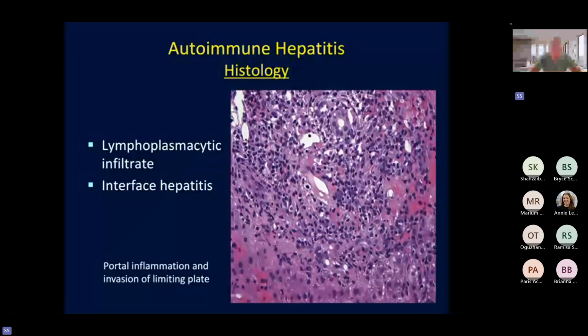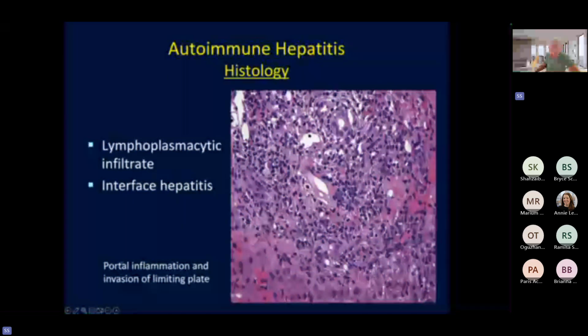And here is a typical portal area. You can see it's pretty hard to see the individual structures, but you see a large amount of lymphocytes. Normally when you see a portal area, all portal areas contain some inflammatory cells, and there's usually a pretty good demarcation between the hepatocellular lobule and the portal area.